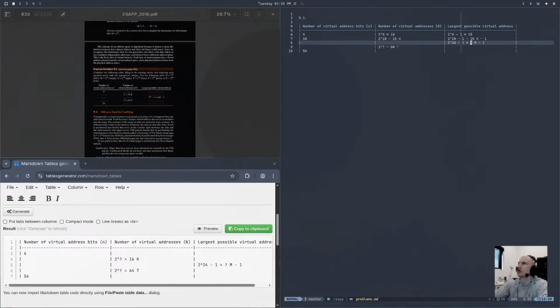This will be 24 bits. This will be 2 to the power of 24, which is of course 16m. And then this would be 16m minus 1.